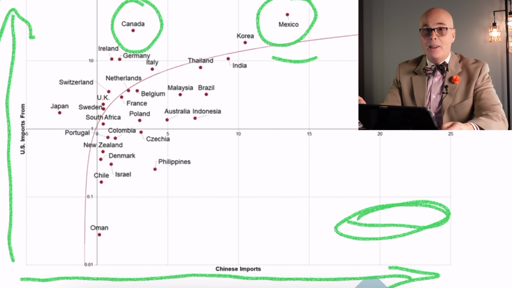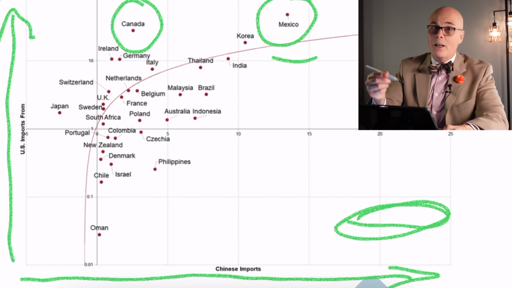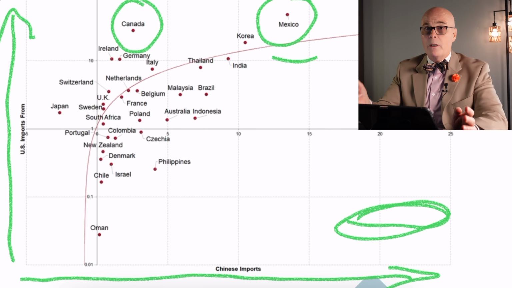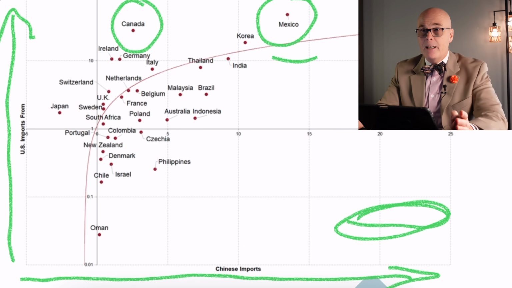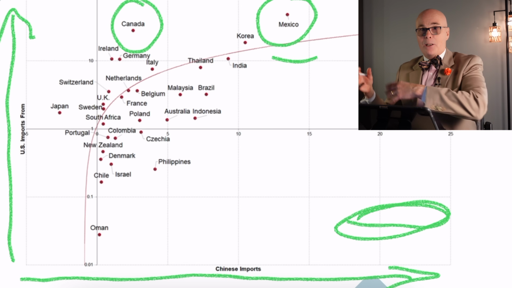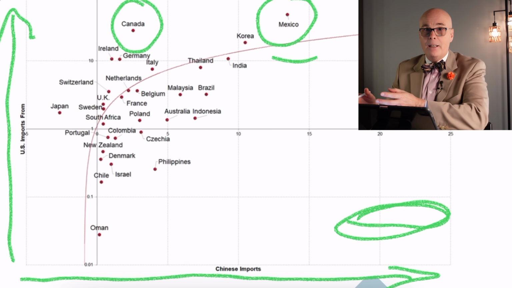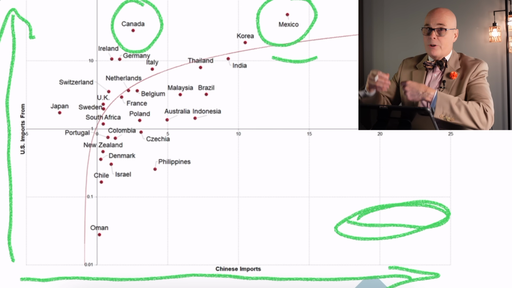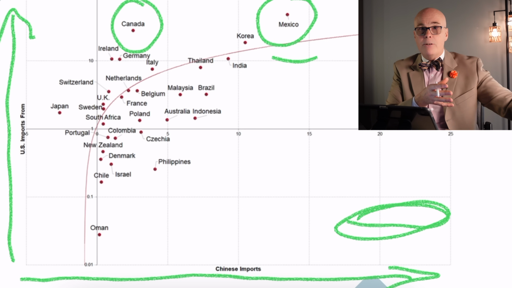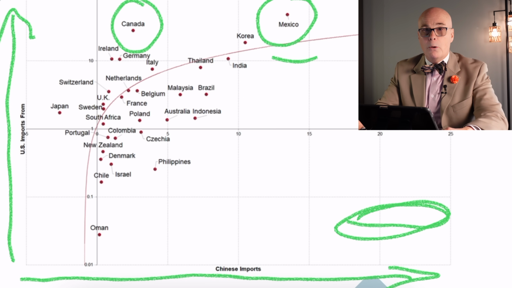What that means is that they also import a lot from China. So what Doug Ford was saying is that Mexico is bringing goods in from China, possibly relabeling them or just filtering right through back to the United States. So they're a backdoor importer for the United States, or a backdoor exporter, you could say, from Mexico.